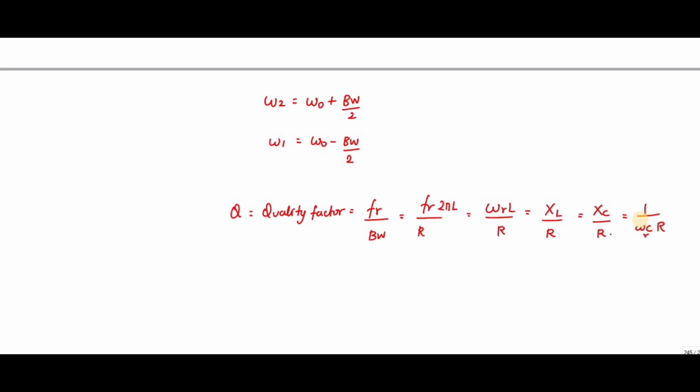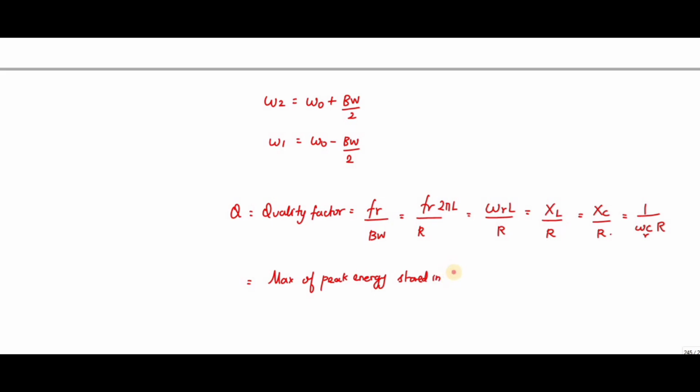So I can write Q. Q is defined as the maximum peak energy stored in the circuit.